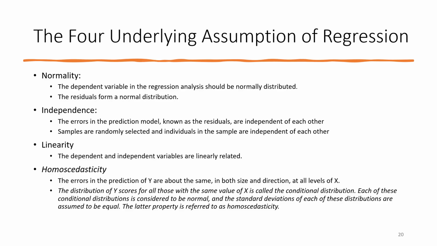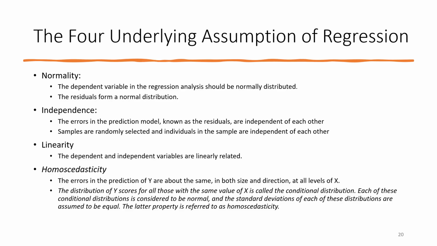In most introductory statistics courses, normality refers to the normal distribution of the dependent and independent variables. It's actually more about the normal distribution of the residuals. The best way to verify this assumption is to create a distribution of residuals with a normal curve overlaid to visually examine normality.